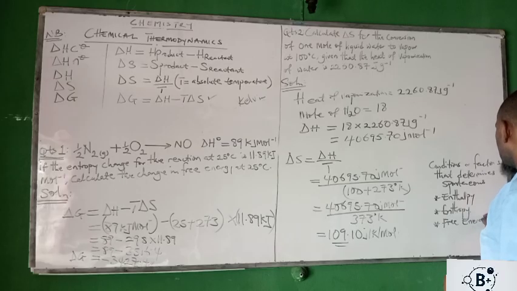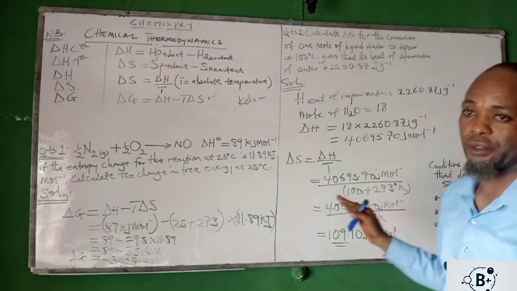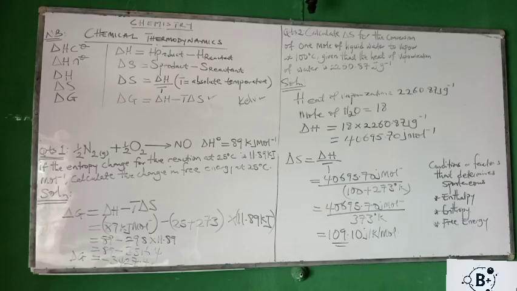So these are factors that affect spontaneous reactions. So you have the enthalpy, which is the change in H. Then you have the entropy, which is the change in S. And you have the free energy, which is the change in G.